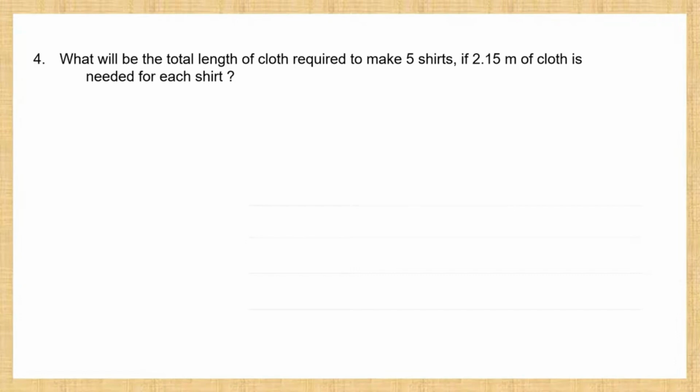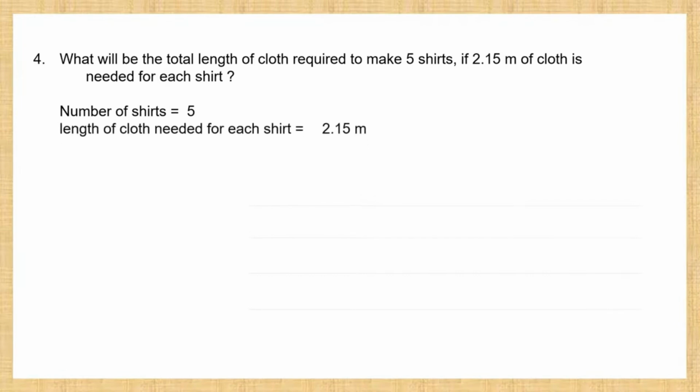So let's start our statements. Number of shirts. So how many shirts do we have? 5. Length of cloth needed for each shirt. For one shirt, we need 2.15 meters. Now we need to know how much of cloth is needed for 5 shirts, so we multiply.